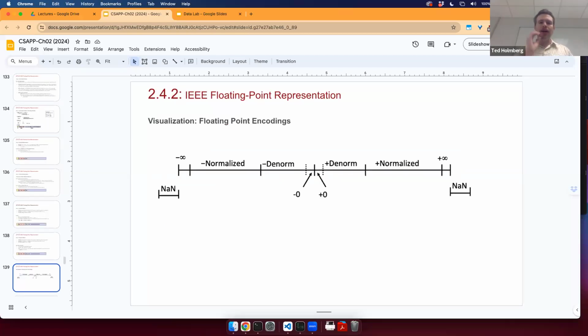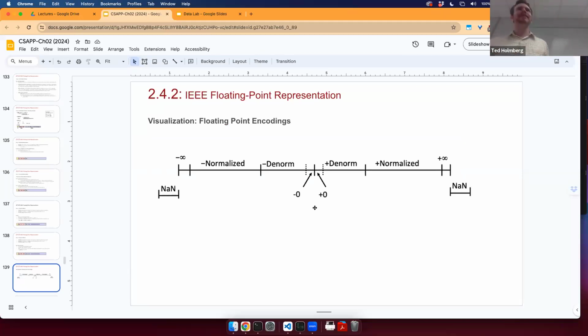Okay, so let's start introducing some of these concepts of visualizations. If we want to think about our normalized versus our denormalized values, we have our center point here at 0, and we can have +0 and -0.